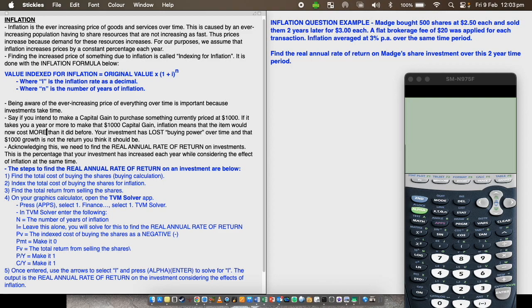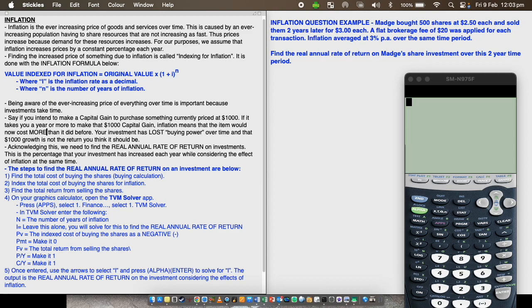So acknowledging that, we need to find the real annual rate of return on an investment. This is the percentage your investment has increased by each year while considering the effect of inflation at the same time. That sounds complicated, but I'll give you a quick example. Let's say my money, just according to the numbers, went up by 10% in 1 year, right?